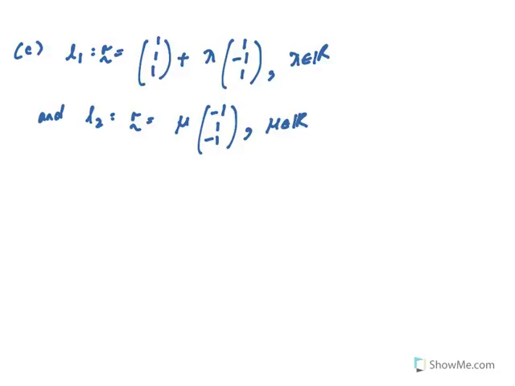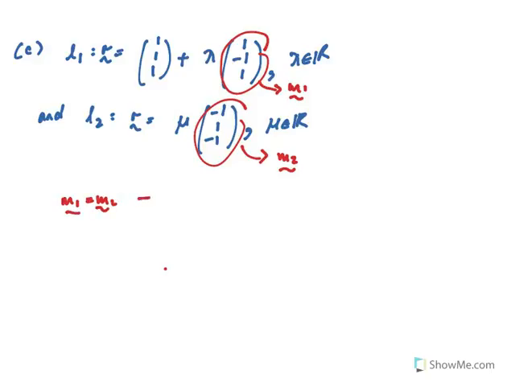From here we would take cosine theta and use the formula again. But even before you do it, just notice that this is M1 and this is M2. What do you notice about them? They are actually the same direction vector, up to a sign.